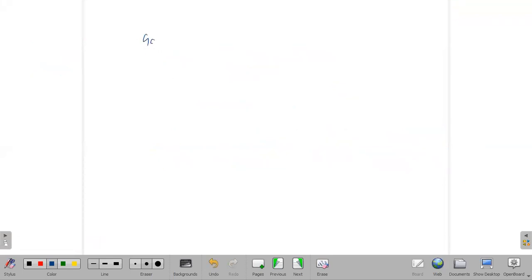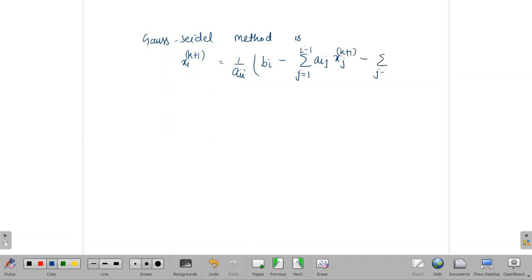So what is Gauss-Seidel? x_i^(k+1) is equal to 1 by a_ii, if you know its general form, b_i minus two summations: j equal to 1 to i minus 1, a_ij x_j with the (k+1)th iterations, and minus j equal to i+1 to n, a_ij x_j, where these are the previous iterations.